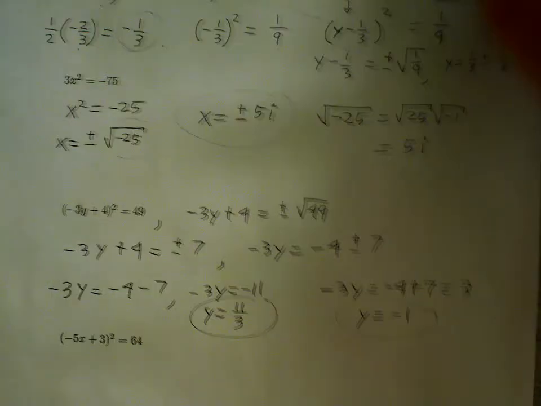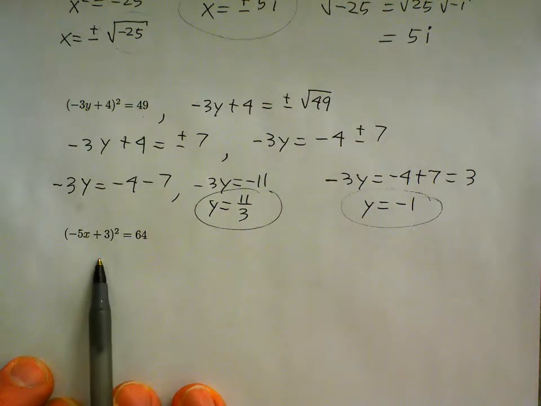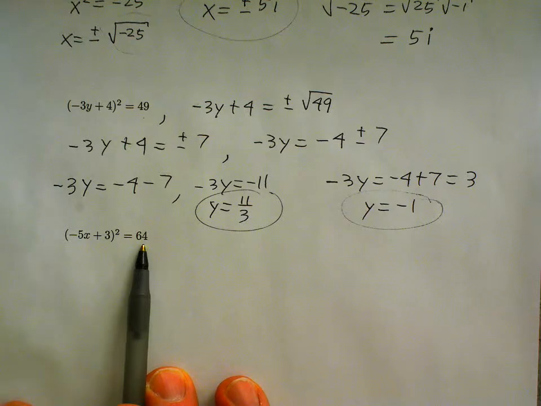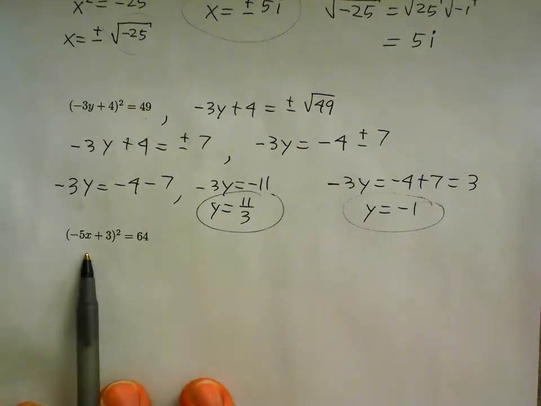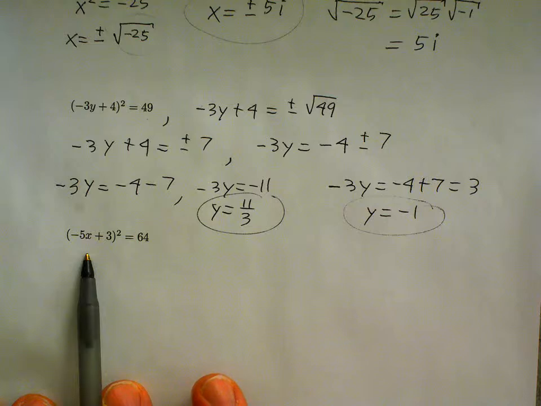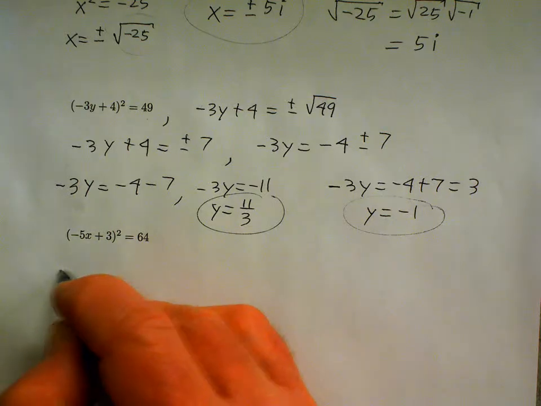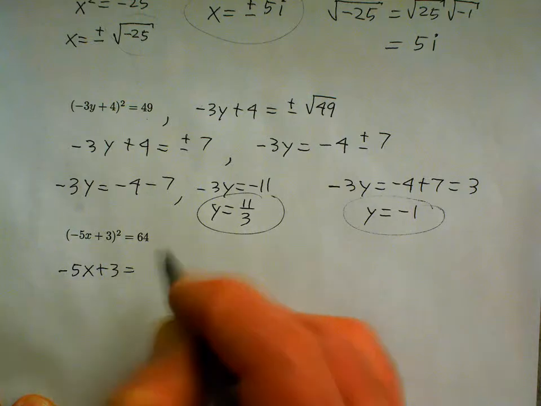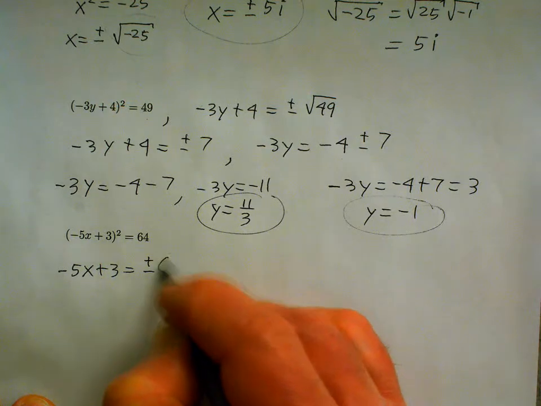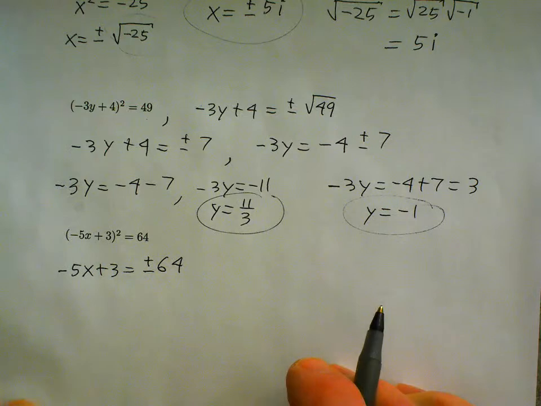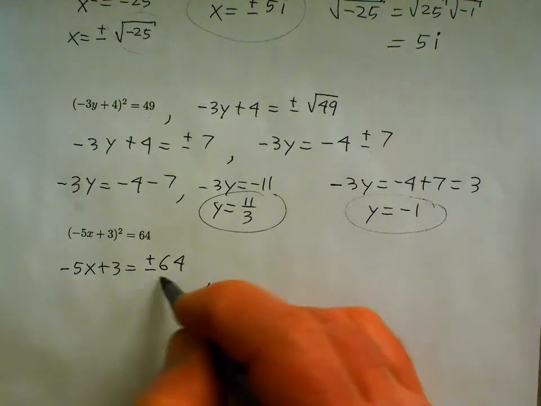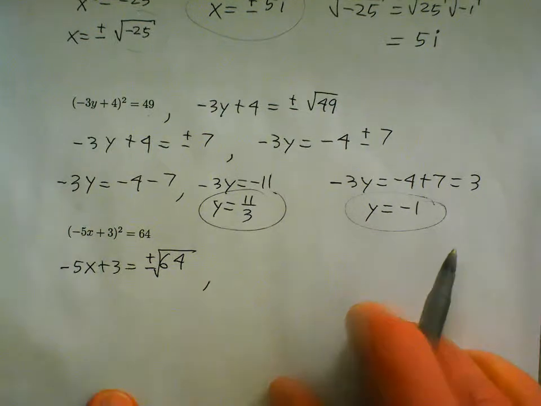Okay, one more example. The binomial negative 5x plus 3 squared equals 64. This is all set up to apply the square root property. So we write negative 5x plus 3 equals positive and negative, sorry, positive and negative square root of 64.